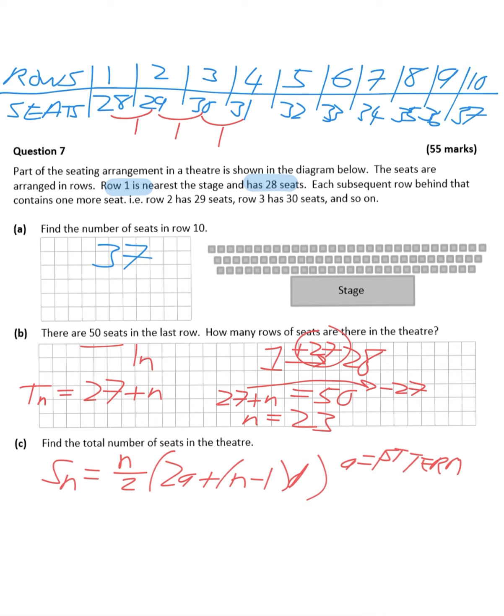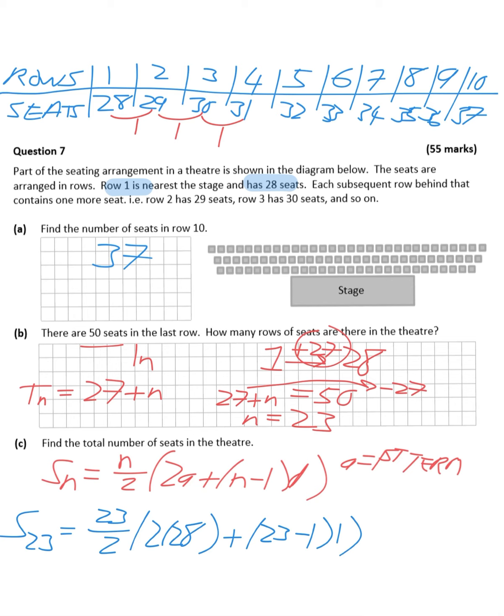Now in the previous question, we found out that there's 23 rows of seats, so that will be our n. So the sum of 23 equals 23 over 2, 2 times a, our first term, that is 28, because there's 28 seats in the first row, plus 23 minus 1 times the difference, and that's just going to be 1.